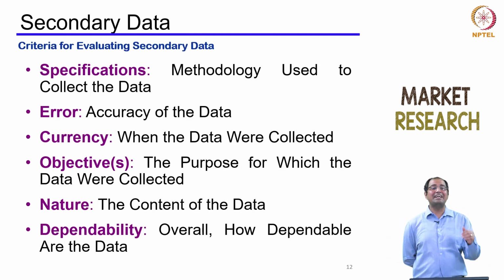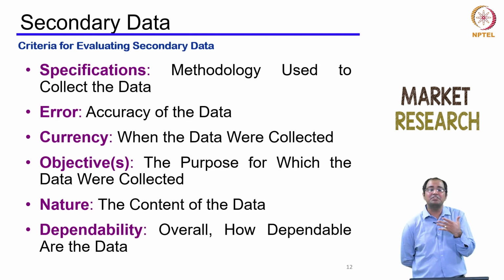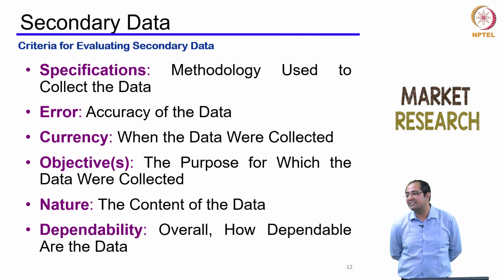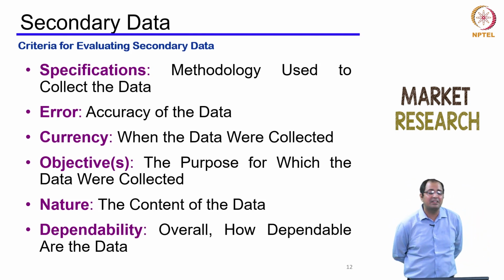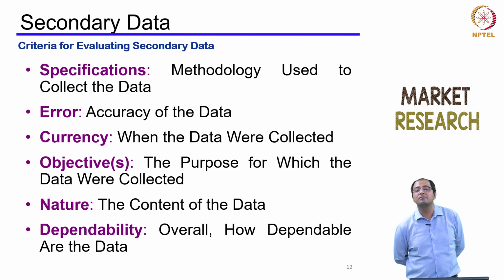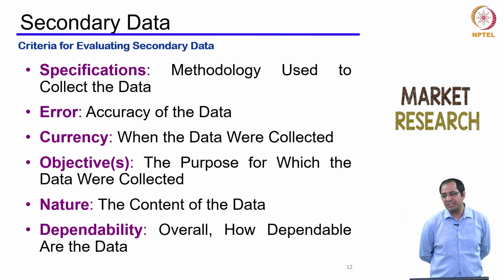For some of the websites you do not know whether they are credible, because sometimes the seller's own people could also write the review if the correct checks and balances are not put up by the e-commerce firm. So these are some of the criteria to evaluate the quality of secondary data.